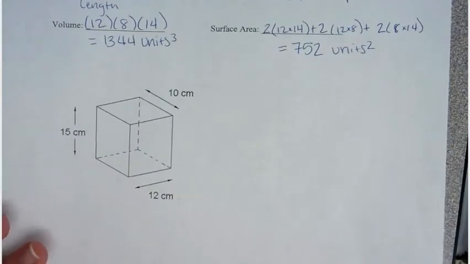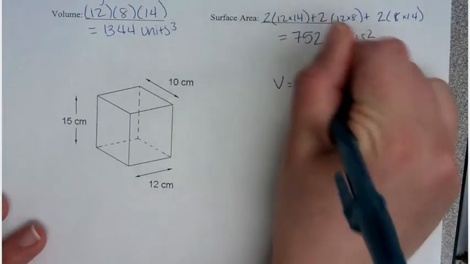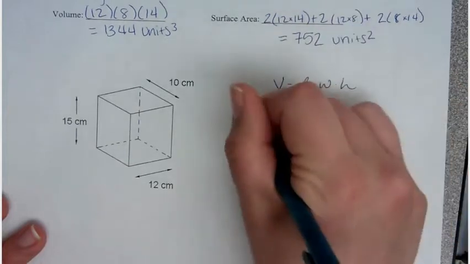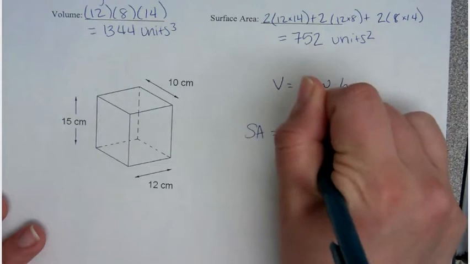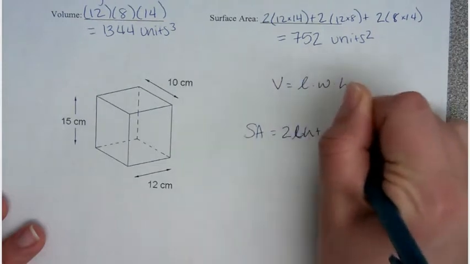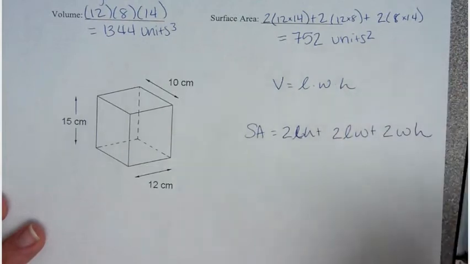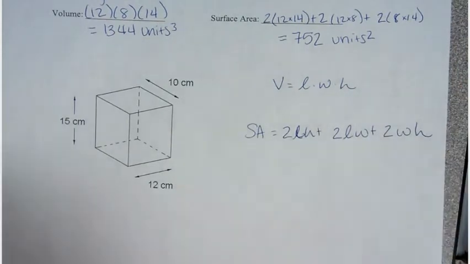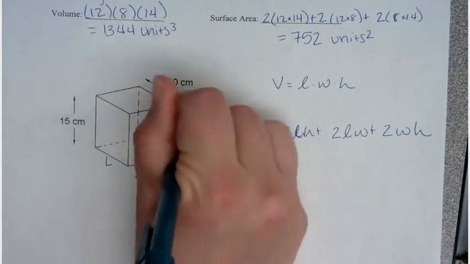Okay, now we have another little rectangular prism here. Remember, volume, length, width, height. And our surface area was 2 times length times height plus 2 times length times width plus 2 times width times height. Okay, and we can call this length, width, and then height on the side.